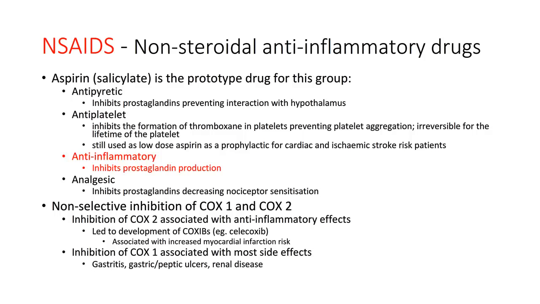Prostaglandins sensitize the nociceptors so that we send the signal through to the brain to say we're in pain more easily. They trigger the hypothalamus to raise the body's temperature set point, and so they act as a pyrogen.